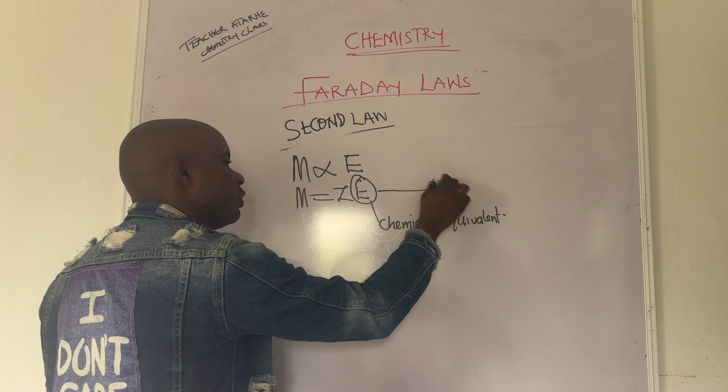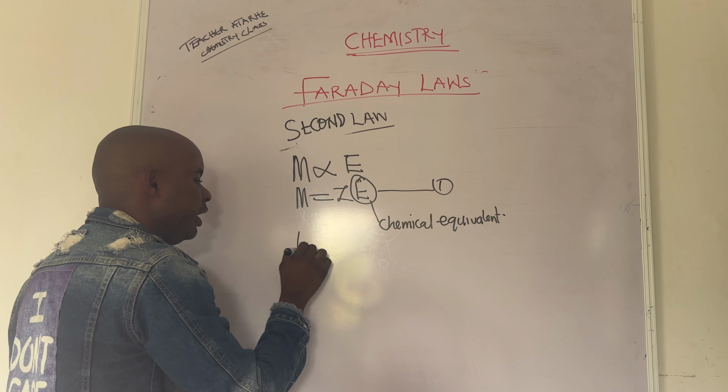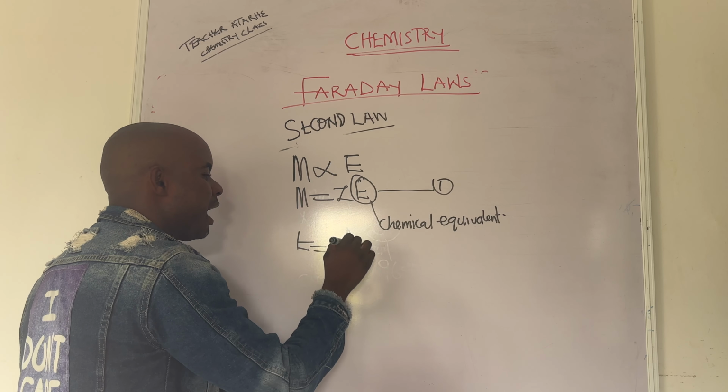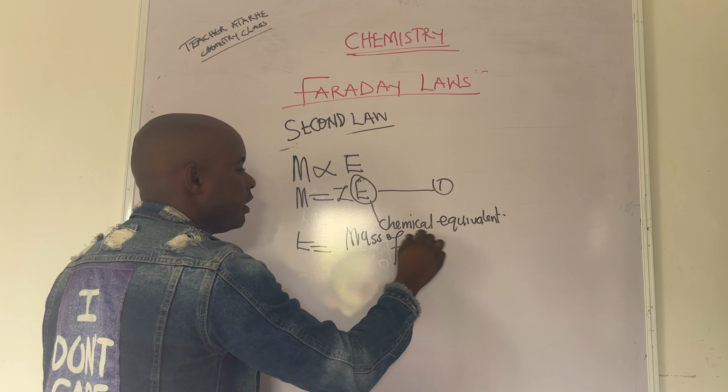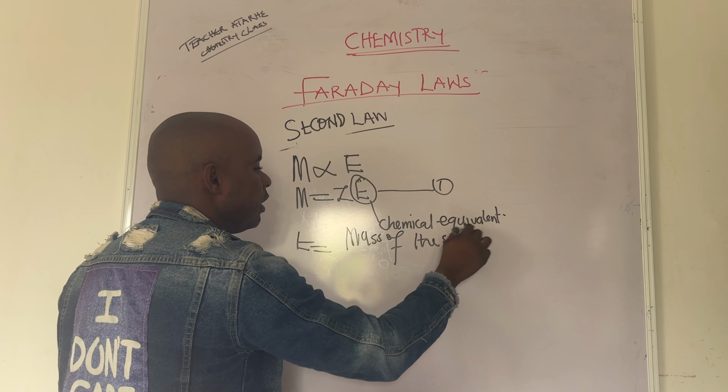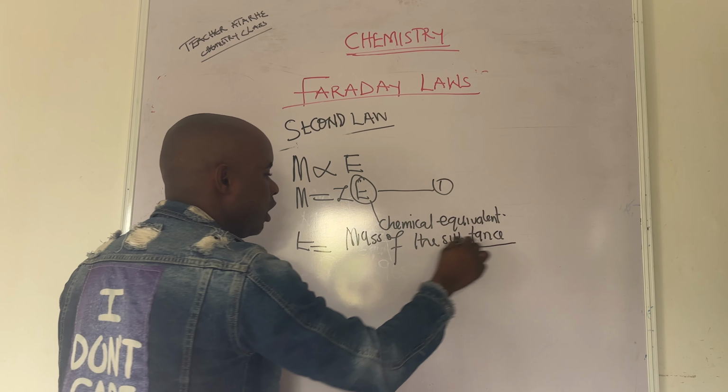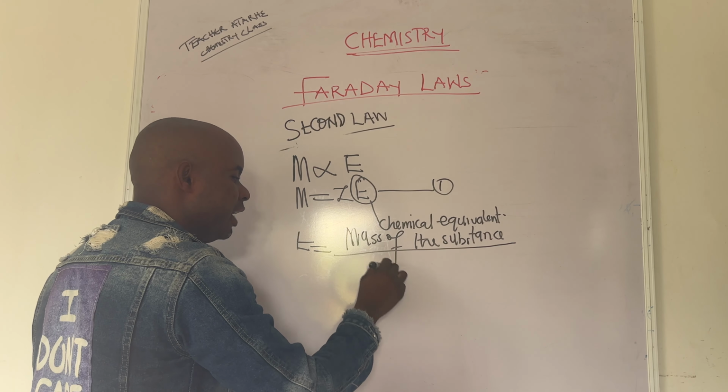Let's take this as equation 1. The chemical equivalent E is given as the mass of the substance over the number of electrons involved in the reaction.